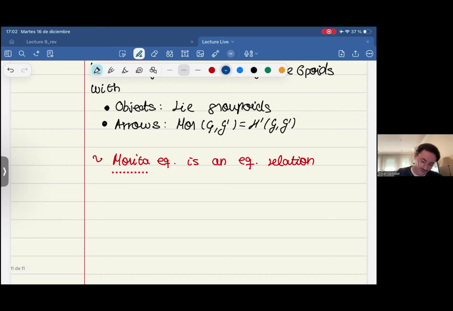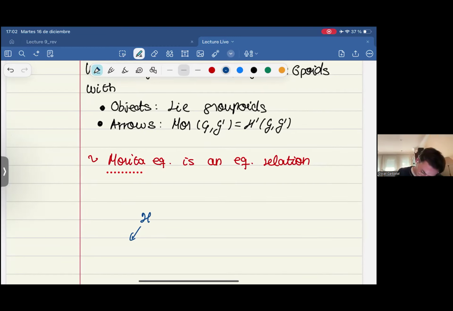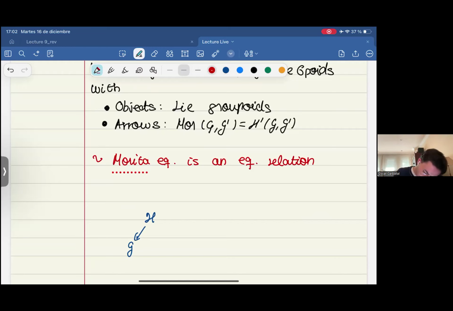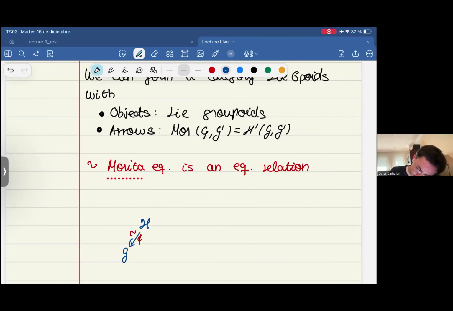Well, so the last technical detail, right? Suppose that you have this thing here. How to compose generalized maps, right? So suppose that you have two generalized maps, the first being psi. So this is from G to G prime, right? This means that there exists a third Lie groupoid H with a Morita map phi onto G, and then our map psi onto G prime.